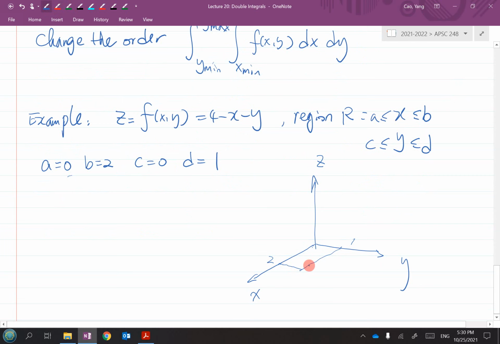And then the function z is 4 minus x minus y. Technically that function is x plus y plus z equal to 4, if you put them together here. By this time, when you look at this, you should be able to know that it must be a plane.